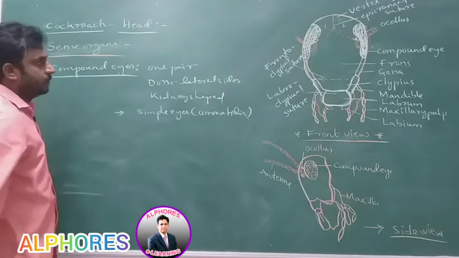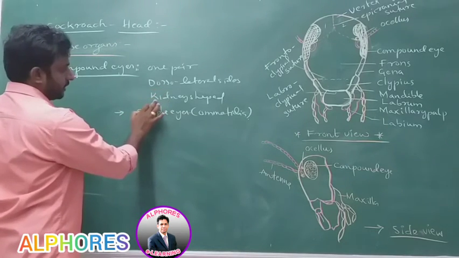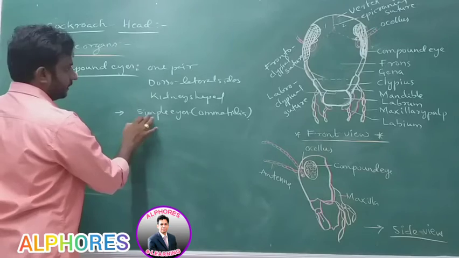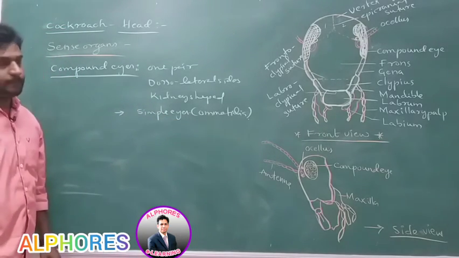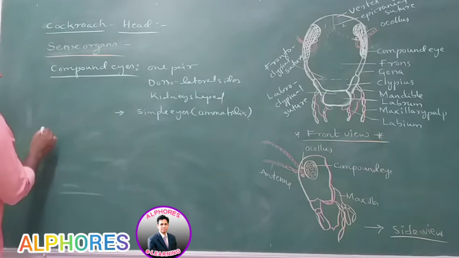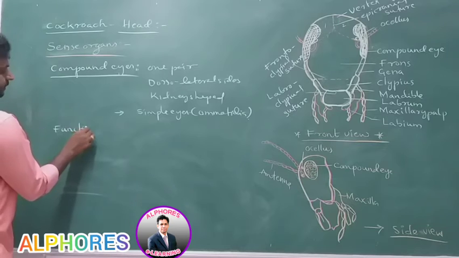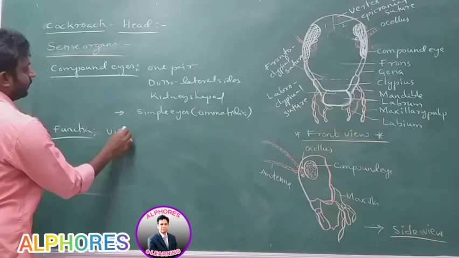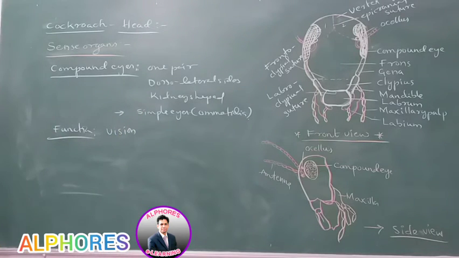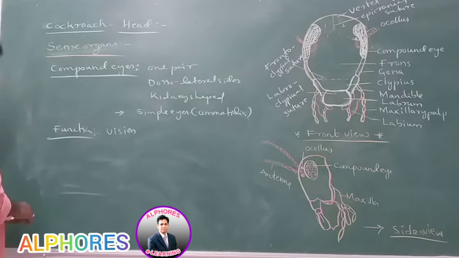One pair of compound eyes is present on the dorsolateral sides of the head, which are kidney shaped and made up of simple eyes, or ommatidia. So, what is the function of compound eyes? The function of compound eyes is vision.